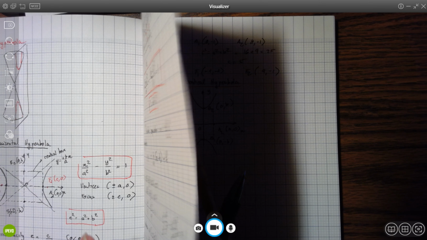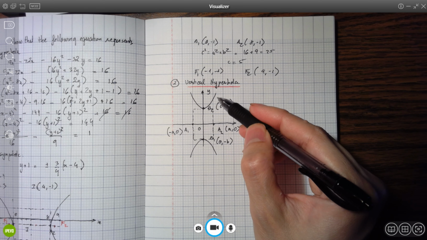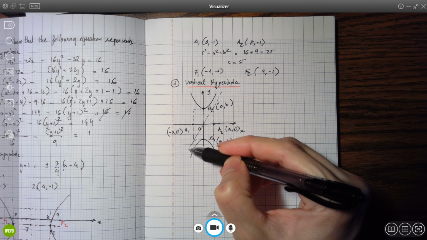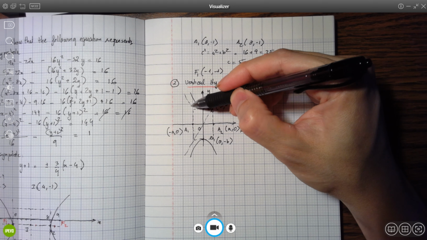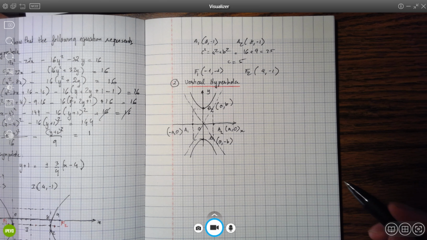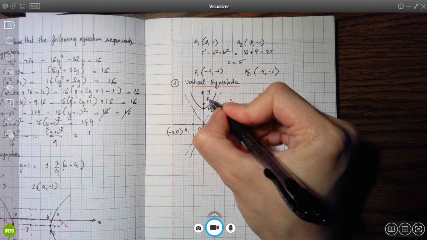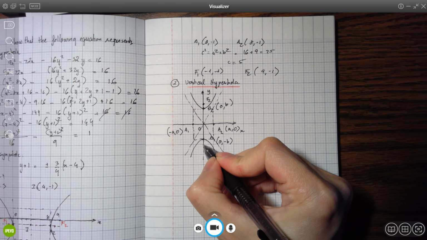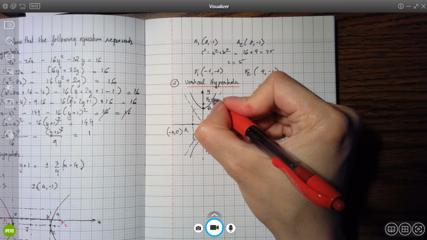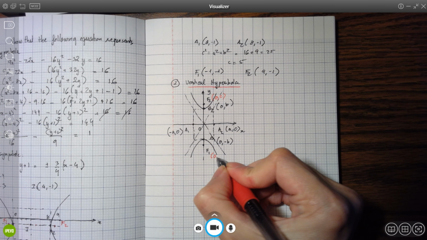And I'm going to draw the asymptotes, something like that. Our foci will be over here, F2 and F1, with coordinates (0, c) and (0, -c).